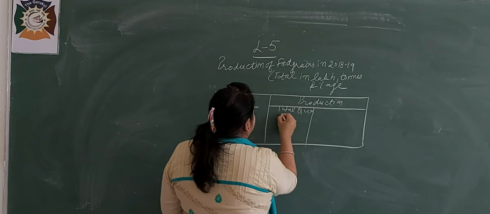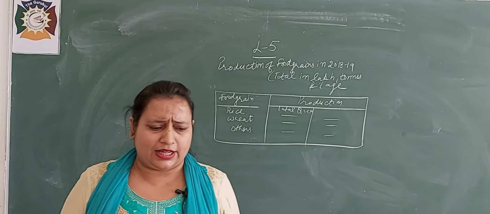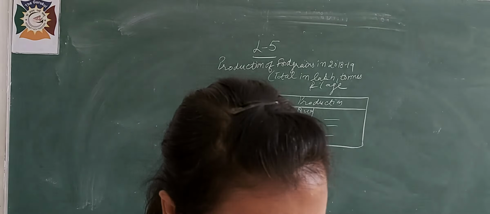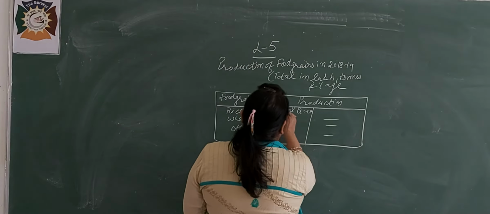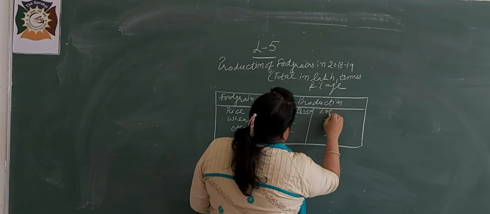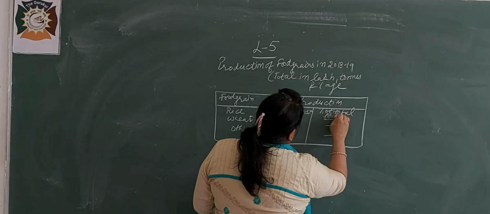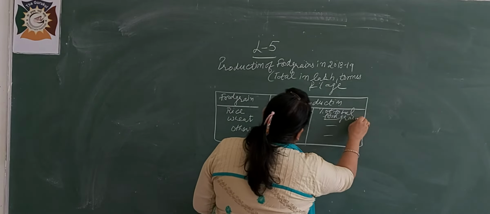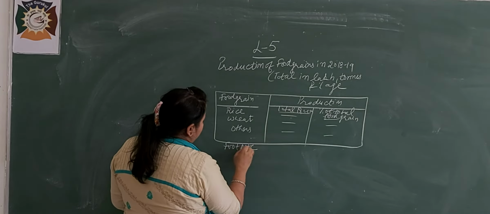Here you can take any data which you want to write. And on that side I am taking percentage of total food grains. Footnote is given and source is given.